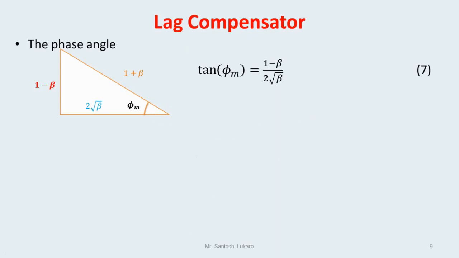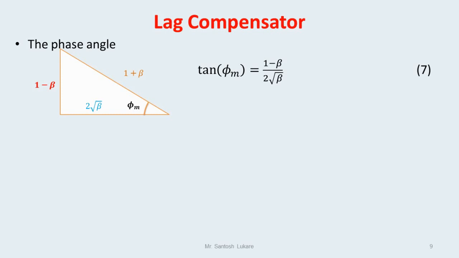as equation 7. From this equation 7, one can have the Pythagoras theorem in the rectangular triangle, like tan of phi m is equal to 1 minus beta as the front side and 2 root beta as the adjacent side.